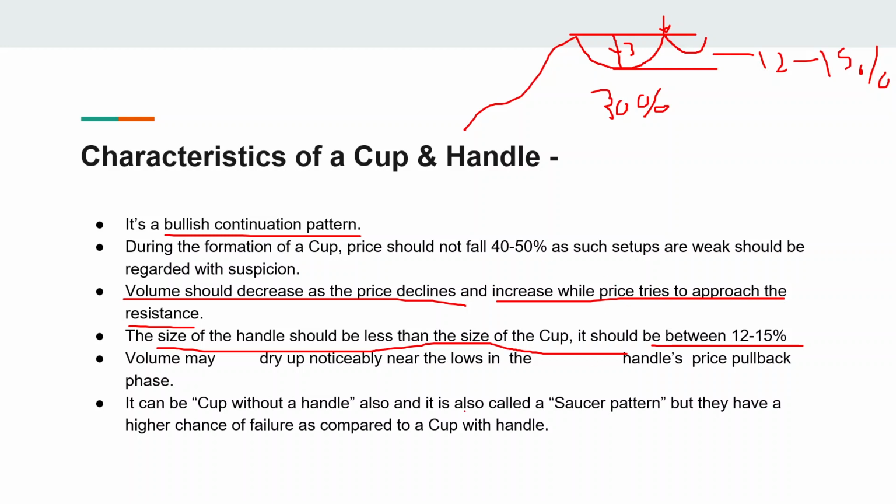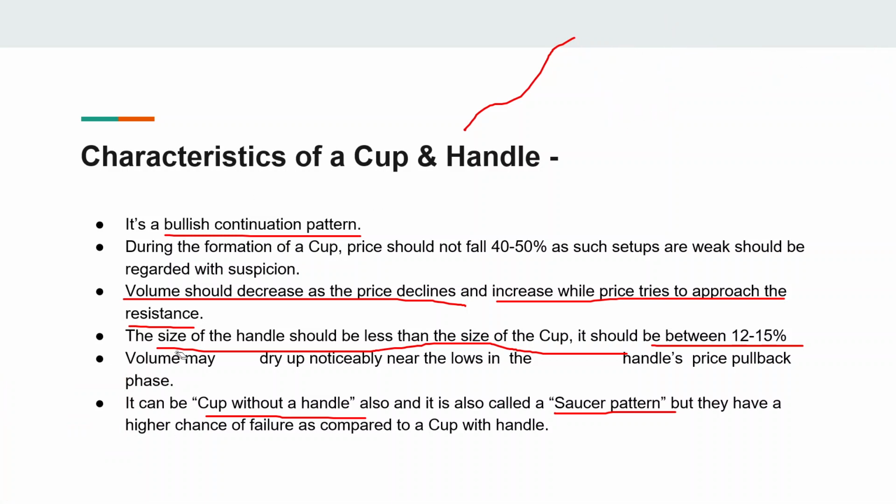And sometimes it can form without even a handle. So that pattern is called a cup without a handle, or a saucer pattern. So sometimes, although it is very prone to failure, the momentum is very strong and the sellers are not that strong. So when a stock is in an uptrend and it faces resistance at a level and it comes down, and all the selling is absorbed, and it again starts moving upwards and heading higher, it may not fall again to make a handle.